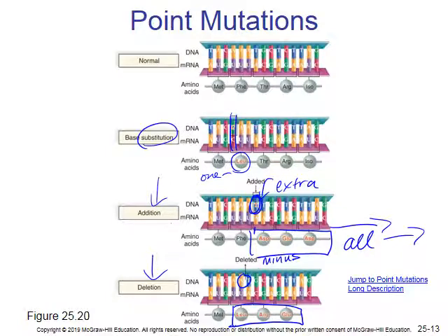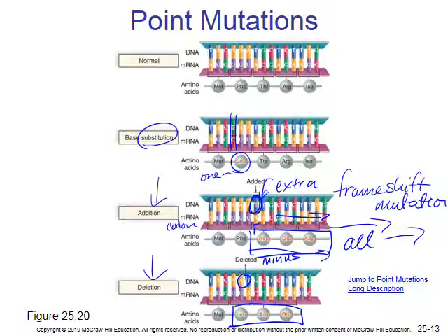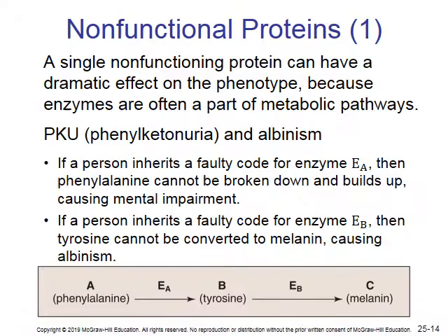Remember that messenger RNA reads in codons. So if you insert an extra, we call this a frame shift mutation, because now we have shifted the frame for every amino acid after the insertion or the deletion.